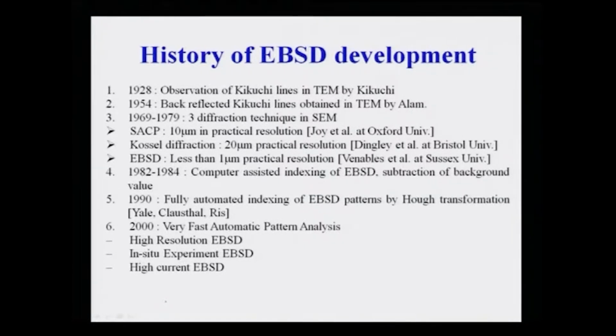Obviously, I have not listed the improvements in camera resolution and camera capabilities in EBSD. So now it is possible to have high resolution EBSD. People are doing in situ EBSD experiments, which we will discuss, and it is even possible to have high current EBSD. I will not be able to discuss all of them, but I will discuss some during this lecture. Let us first look at the basic theory of EBSD.